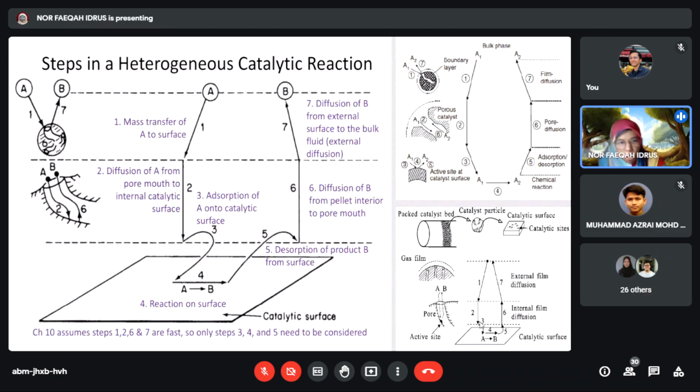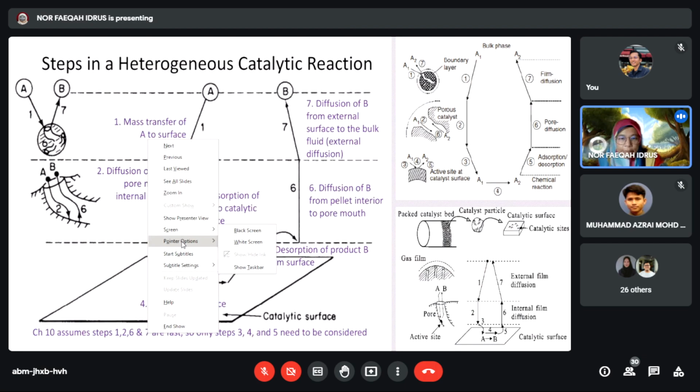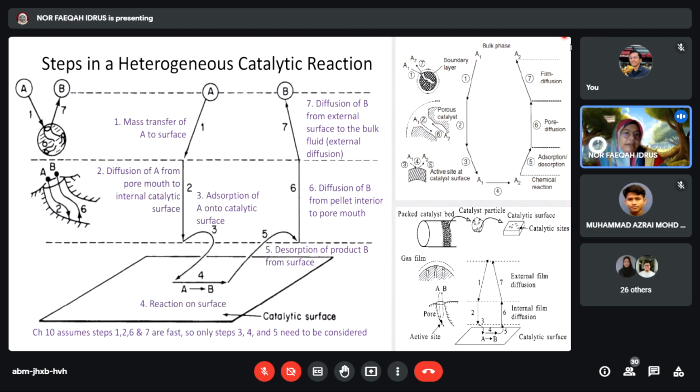So this is the steps of catalytic reaction on the porous catalyst. If you look at this diagram, imagine this is your catalyst, let's say a spherical catalyst.